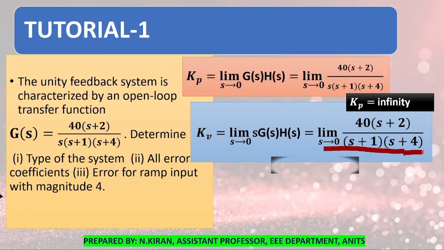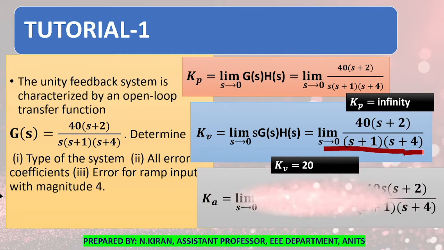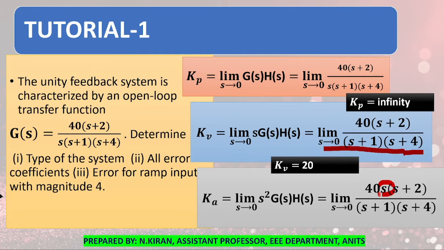So the Kv value will be 20. And the Ka value is limit s tends to 0 of s square into G(s)H(s). This will make the expression have an s term in the numerator. So upon substitution of s equal to 0, the value of Ka will be 0.